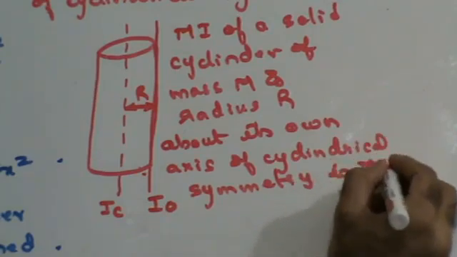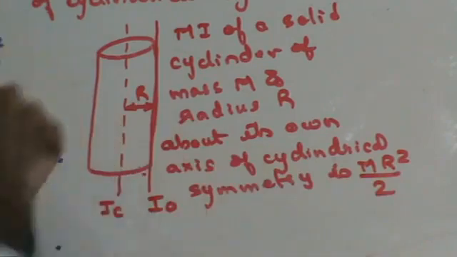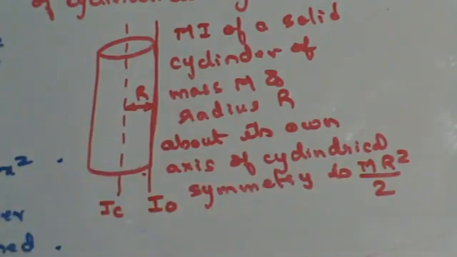That's the first thing that we did, because this is nothing but a disk and moment of inertia of the disk is nothing but mr square by 2.